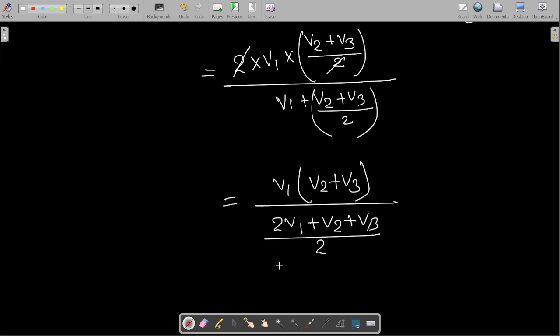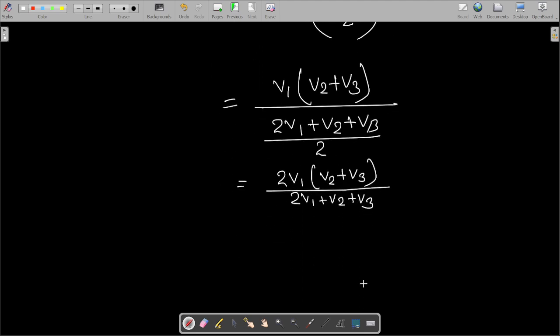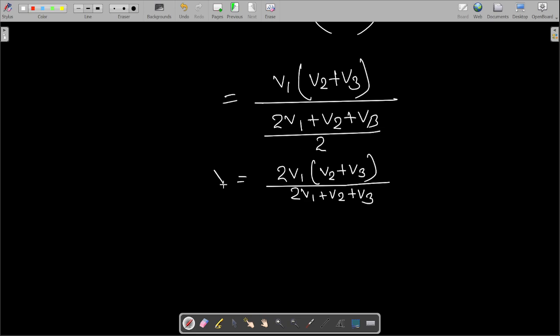Put the 2 here, so it will be 2 v1 into v2 plus v3 upon 2 v1 plus v2 plus v3. It will be the average velocity. This is the expression of the average velocity.